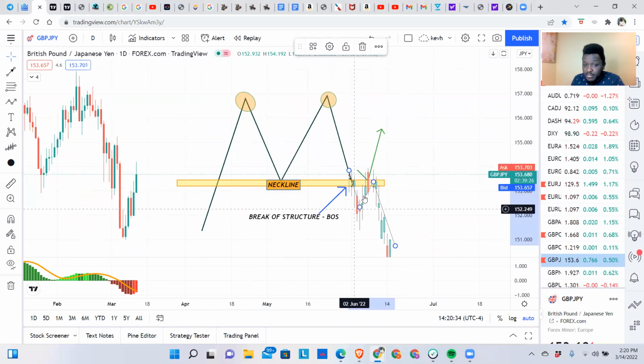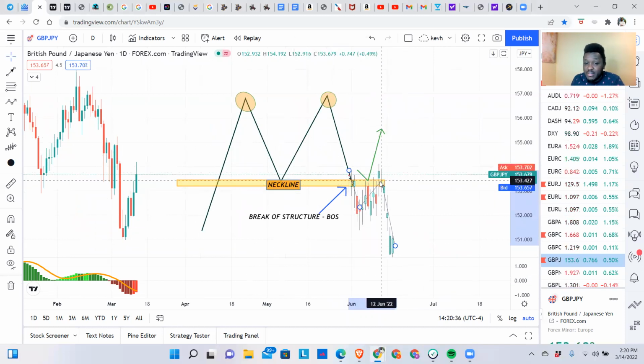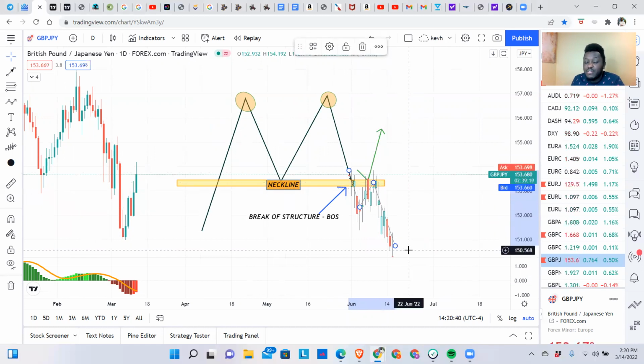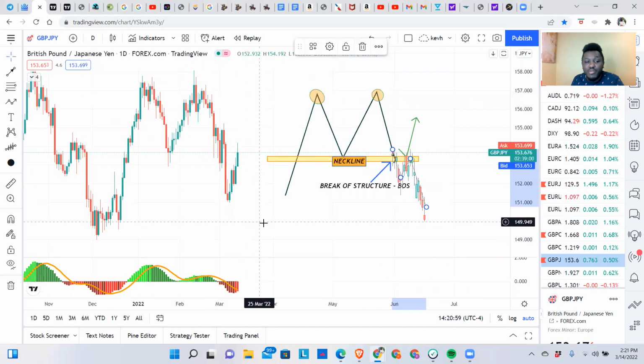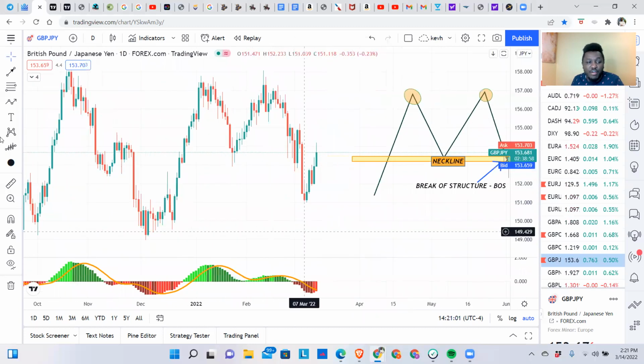The break, the retest, and then you sell from there. It looks like an obvious move, but this can help you make some good money down the line. And that's what we are observing on the daily time frame with GBP JPY over here.